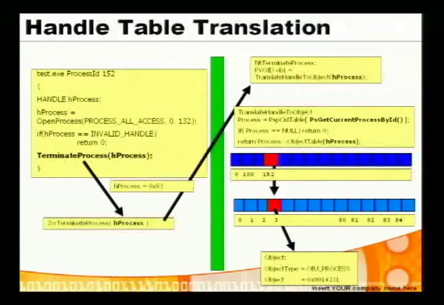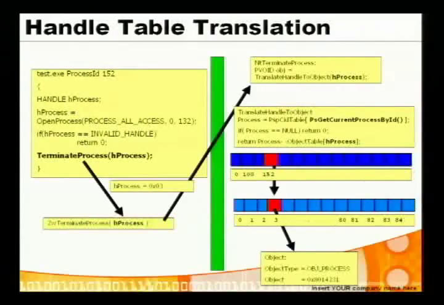So here, NT terminate process is going to look up a handle to the object for 03. What its goal is to get back the eProcess structure, and then it's going to make some calls on that. So translate handle to object will look up the current process by ID, which in this case we want 152.